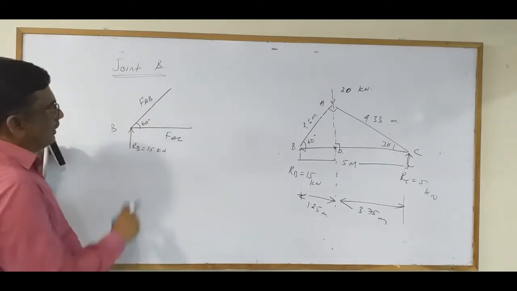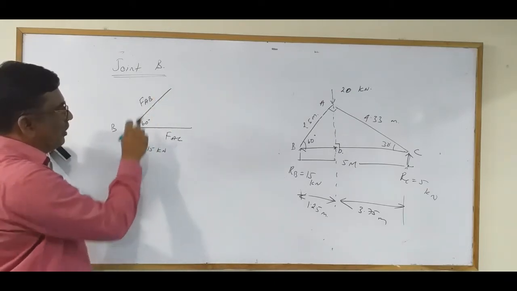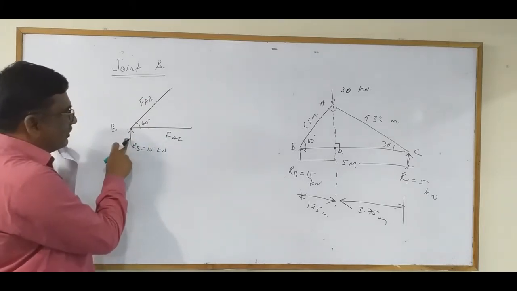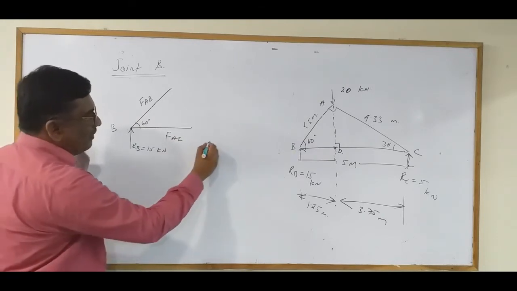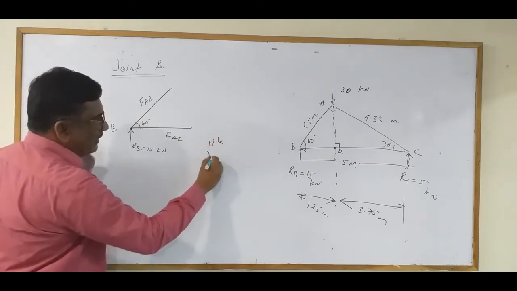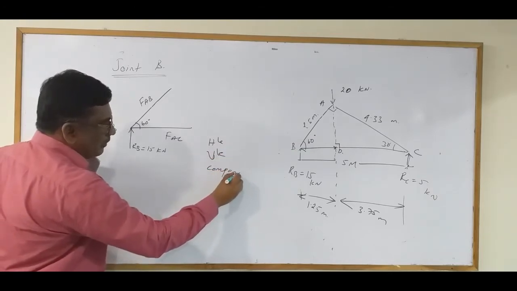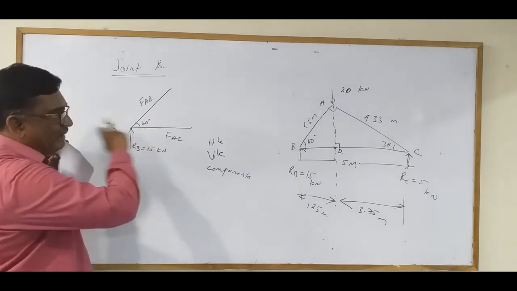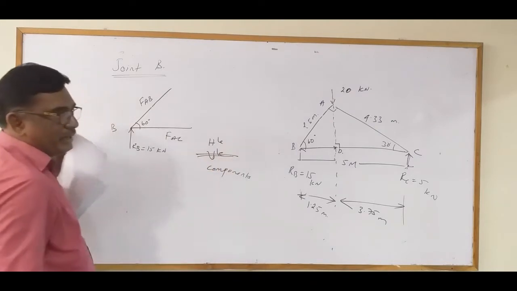Now look here. There are three forces: force 1, force 2 and force 3. All forces will have a horizontal and a vertical component. This force is acting in the horizontal direction, so it does not have any vertical component.